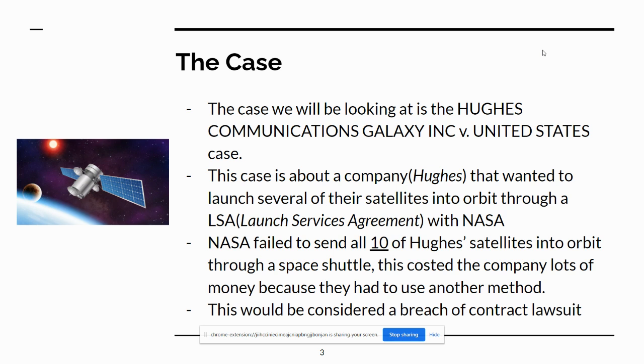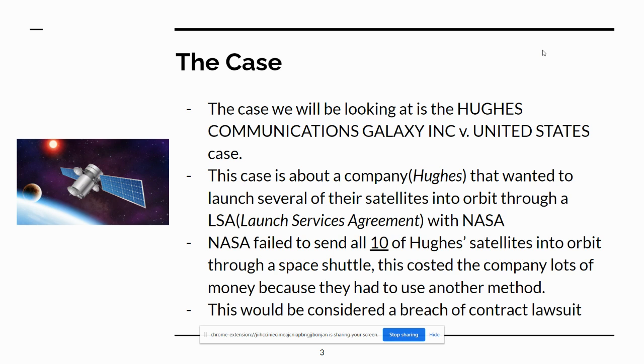The case we'll be looking at is Hughes Communications Galaxy Incorporated versus the United States. This company is nowadays known as just Hughes. They cut it short. And this company wanted to send up 10 of their satellites. They had three different types that they wanted to send up.